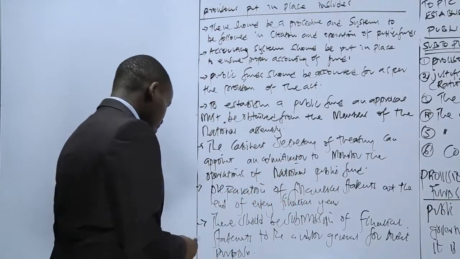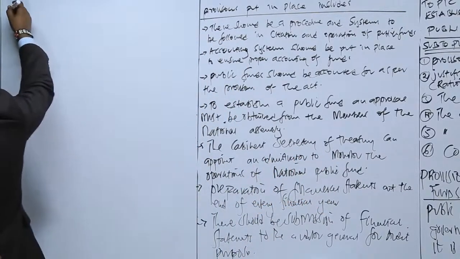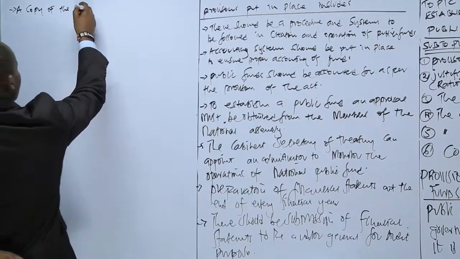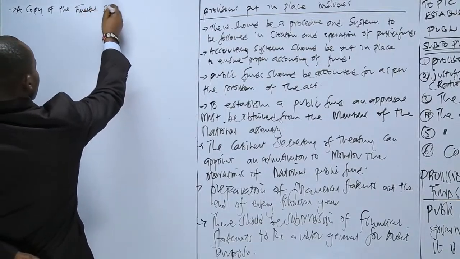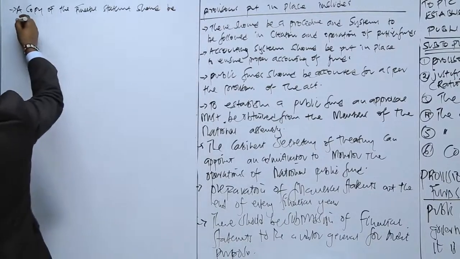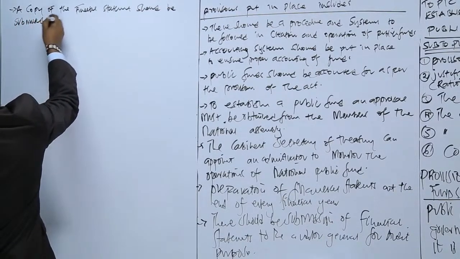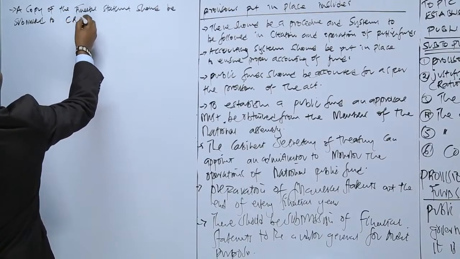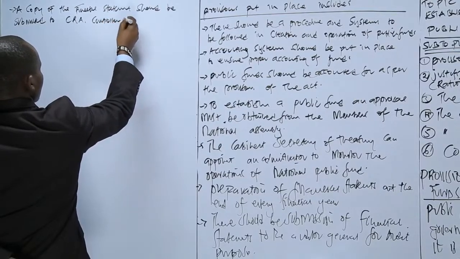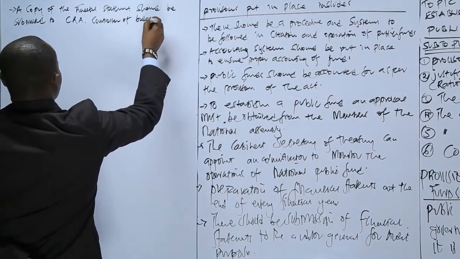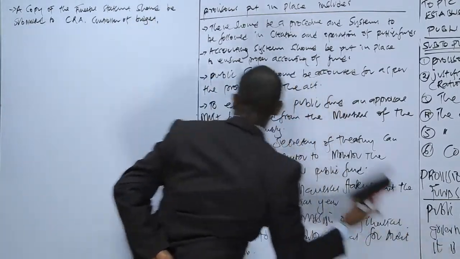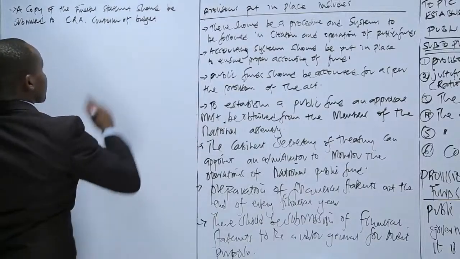So the other provision that we need to have is that a copy of the financial statement should be submitted to CRA, Commissioner on Revenue Allocation, Controller of Budget, and to the National Treasury.